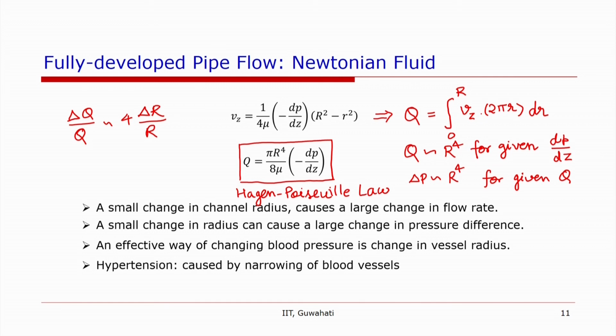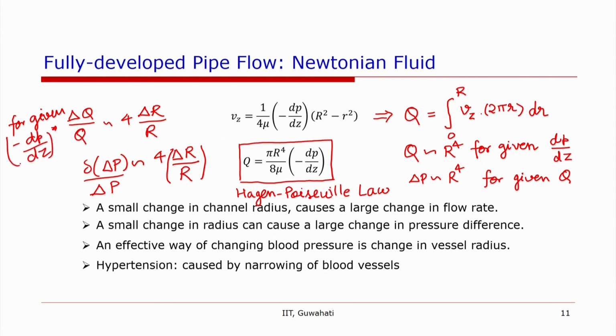Similarly, if the flow rate is constant, a very small change in the radius will cause a significant change in the pressure drop. So this is for given pressure drop, whereas this is for constant flow rate.